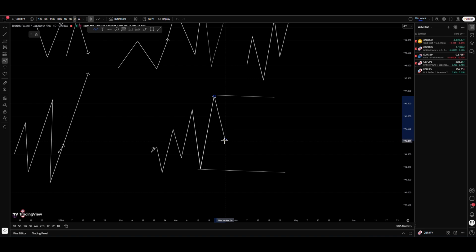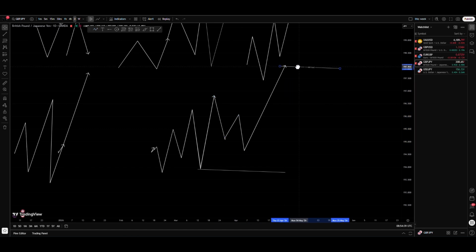The B has to be there before you look for your buy, right? The B will be taken out, then boom. Same thing repeats itself again.